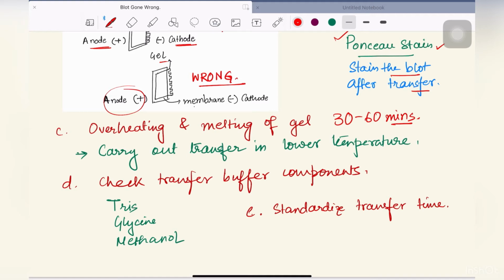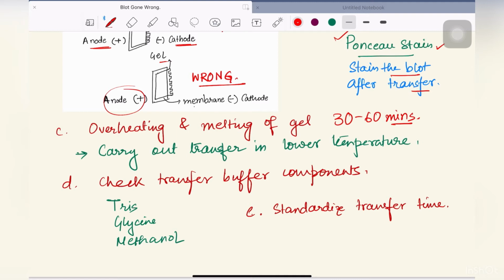One problem that may arise here is that a high electric voltage is being applied, and in that process, the gel may overheat and melt. So if your gel is molten, obviously the transfer of the proteins will be hampered.